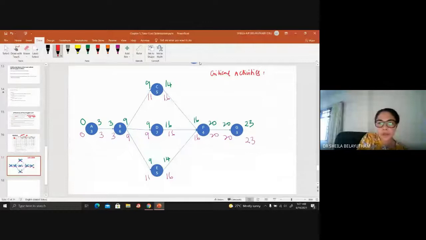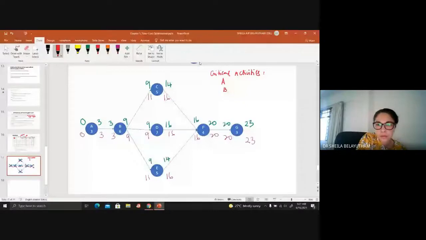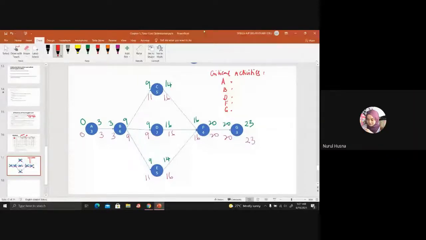You will see that you have critical activities A, B, D, F, and G. Why do you think we need to identify the critical activities? Because having the longest duration.